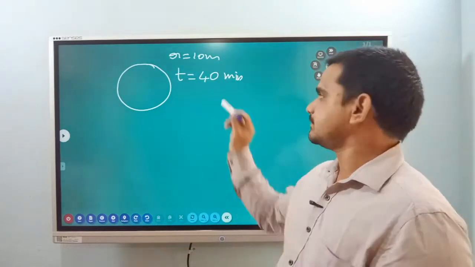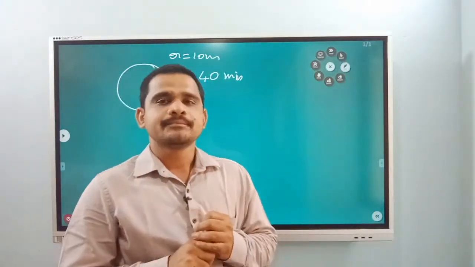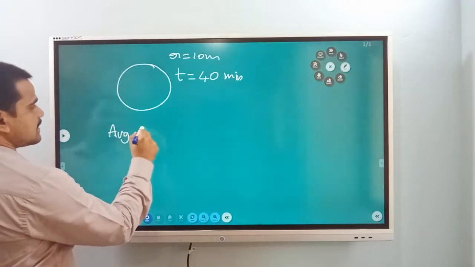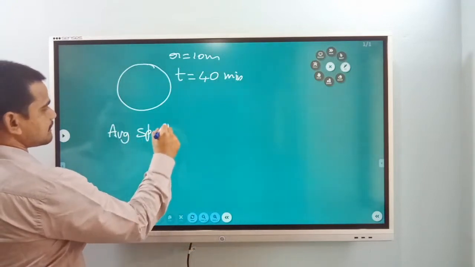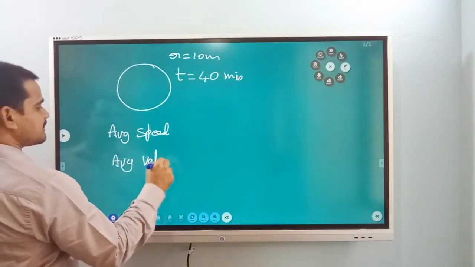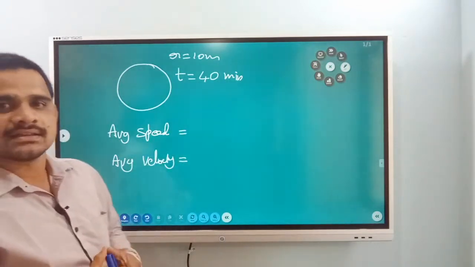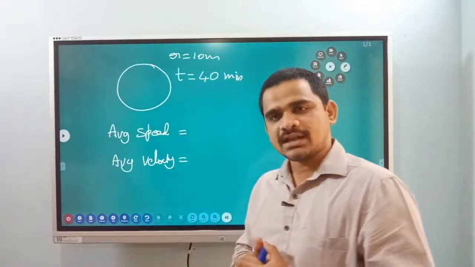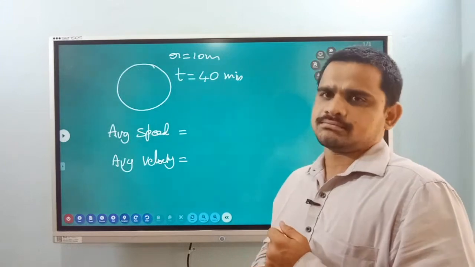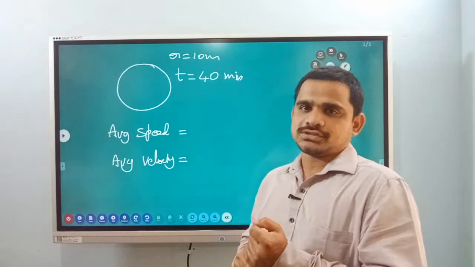Now my question here is, what is the average speed and average velocity after 2 revolutions?